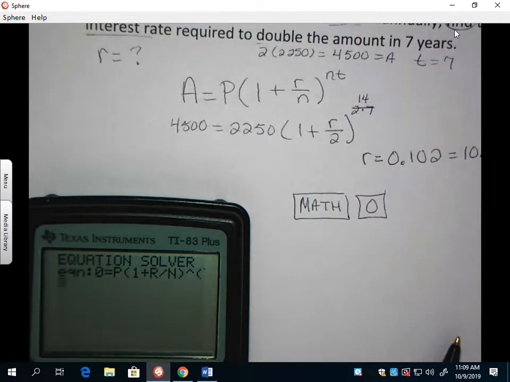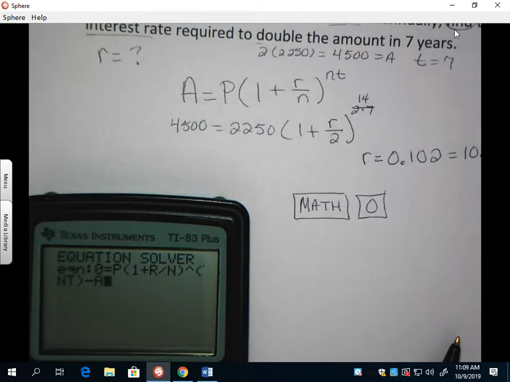So that would be alpha NT, and then close the parentheses, and then put minus alpha A.